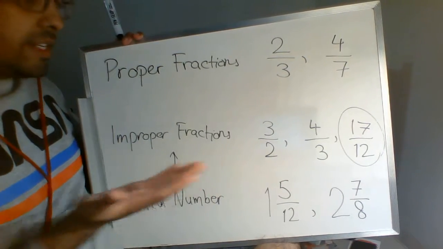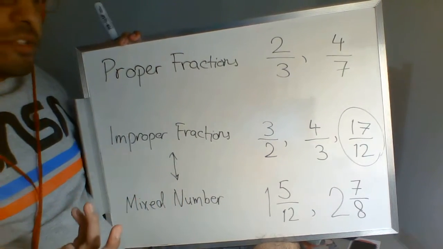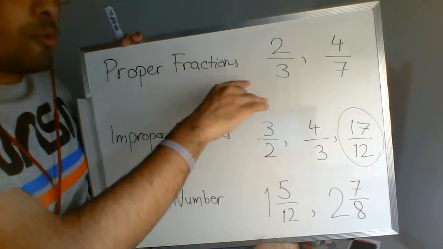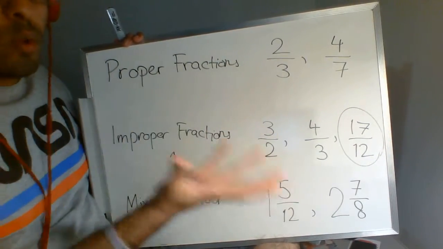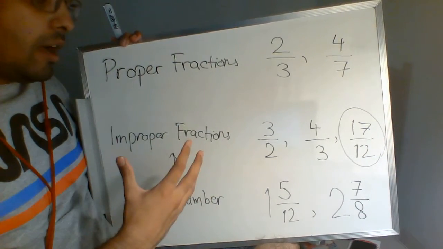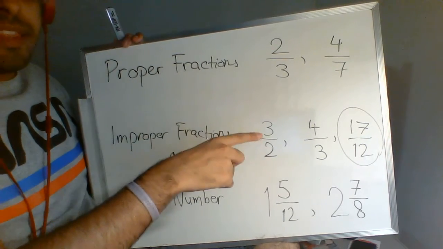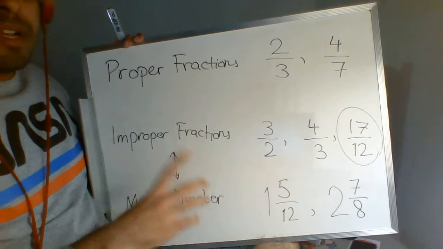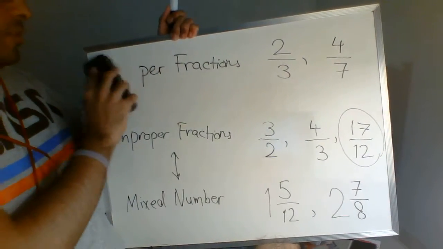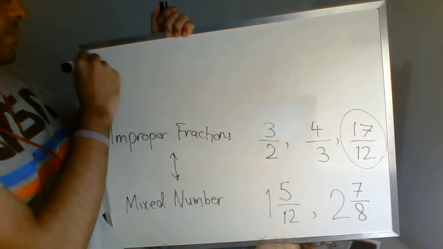So like some entire untouched pizzas and then some extra slices of a pizza. So they're both representing similar ideas, whereas with proper fractions we're not dealing with any whole pizzas, we're dealing with only portions of a pizza. So we're going to explore that relationship and how to turn a number from being in this form to being in that form a little bit later on. But first what we're going to do is go back to some examples of reducing fractions.